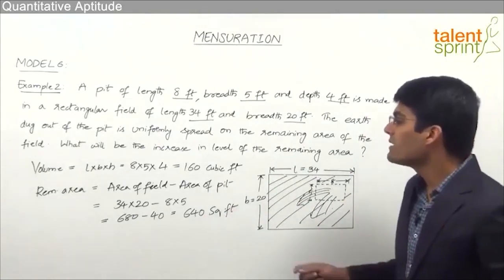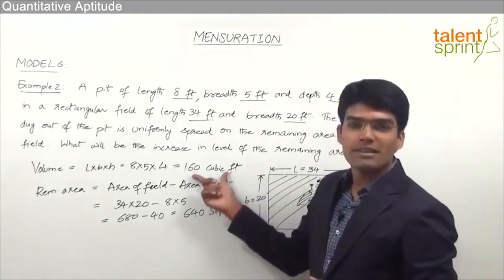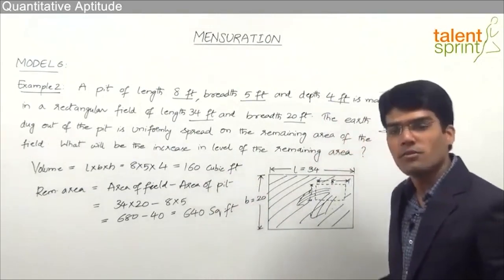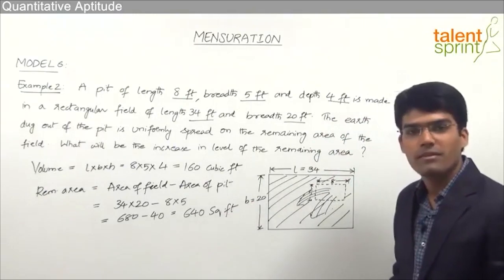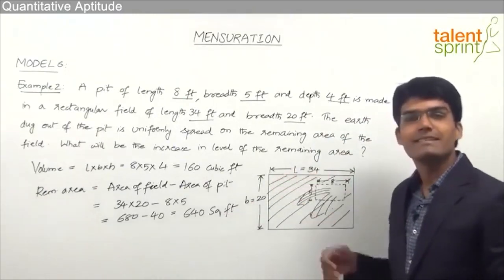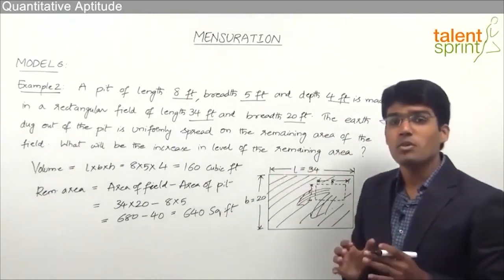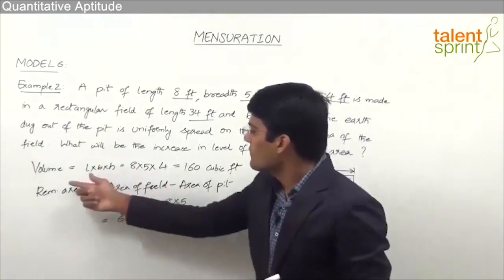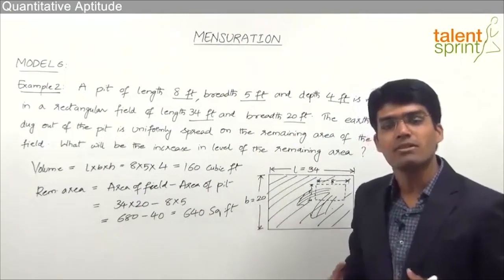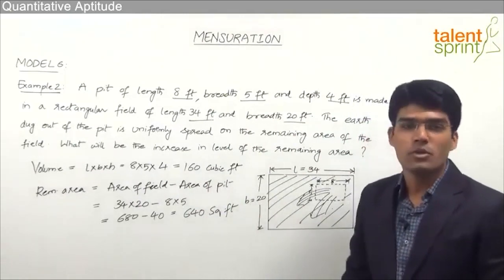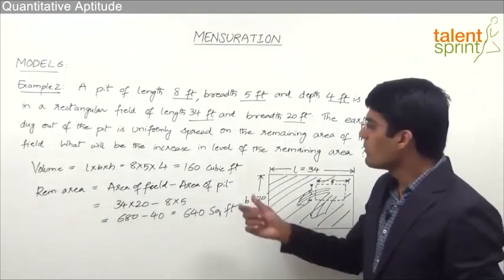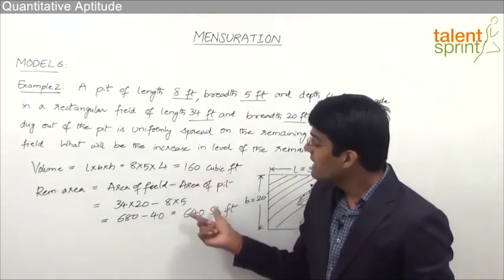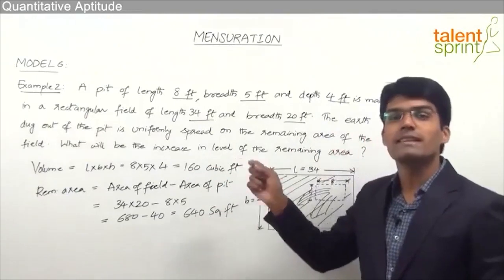So now we know that 160 cubic feet of earth has been dug out and the remaining portion on which the mud is spread uniformly is 640 square feet. We have to find out what will be the increase in level. Again friends, going by the concept of volume being constant, that is, whatever volume of earth that has been taken out, the same volume has to be spread uniformly over the remaining area. So one volume that we know is 160 cubic feet. Now this should be balancing the remaining area into the increase in the level.